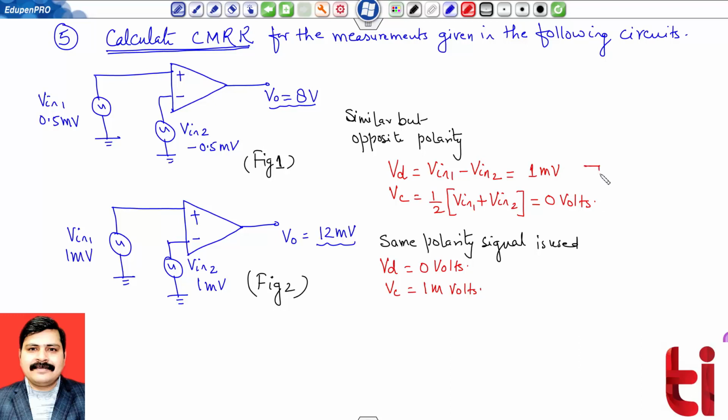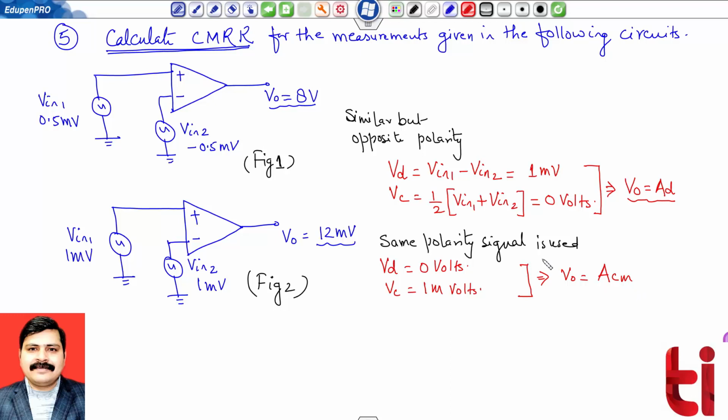So from this analysis, you can check my V naught will be equal to simply AD, that is differential voltage gain. And from this analysis, what we can understand, my V naught will be equal to ACM, that is common mode gain.